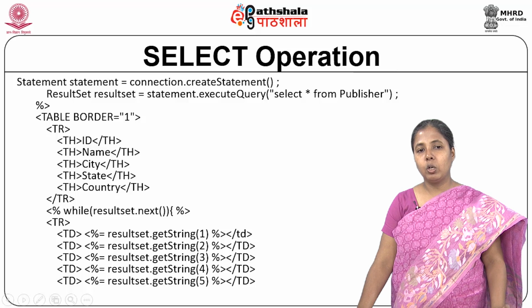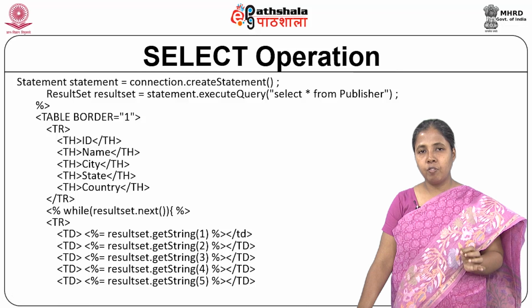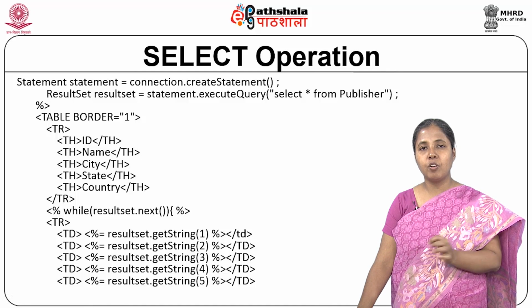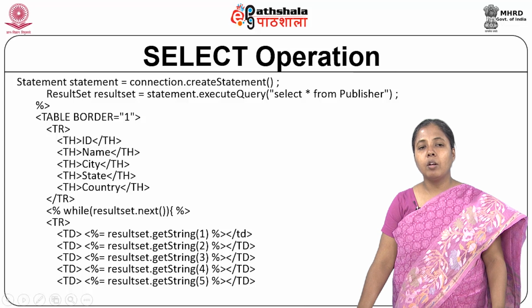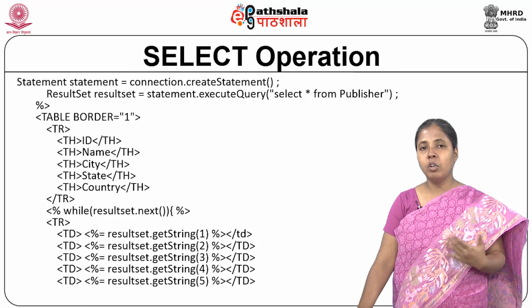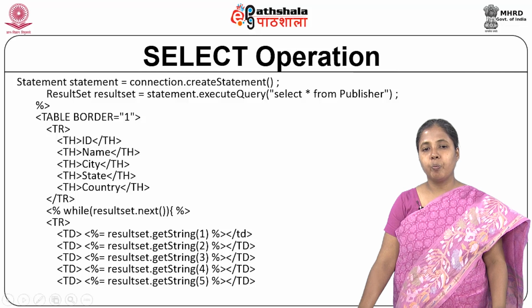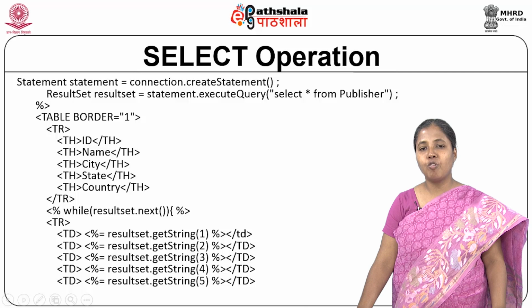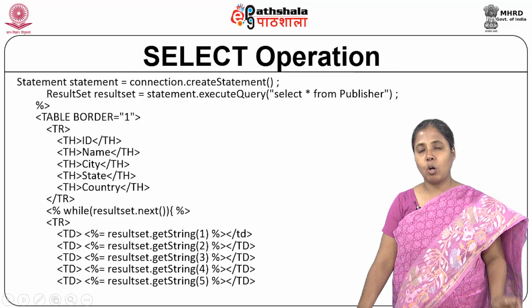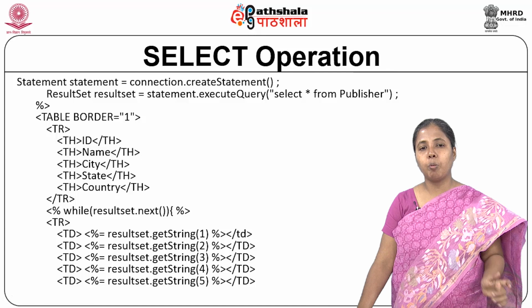Now start a new row tr, and you are going to read the column values of the first record and display them as the first row in your table. Now open a new column td, and this first column should get the expression, that is the value from the first column of the first row. So you say getString of 1, where the number is the column index. The resultSet object's getString of 1, the value from the first field, would be put in the first column of your table.